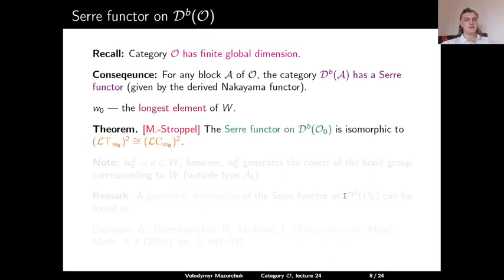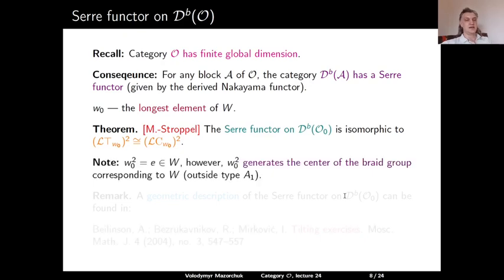So here is a Lie-theoretic description of the Serre functor on D^b(O_0). Theorem due to Catharina Stroppel and myself. The Serre functor on D^b(O_0) is isomorphic to the square of the left derived of the twisting by w_0. It is also isomorphic to the square of the left derived of shuffling by w_0.